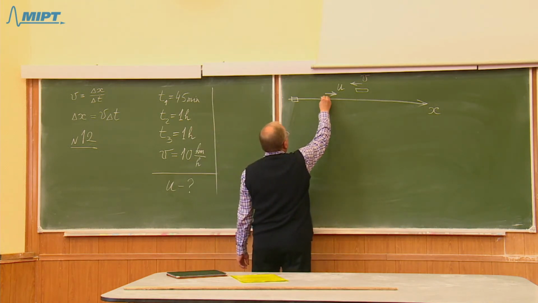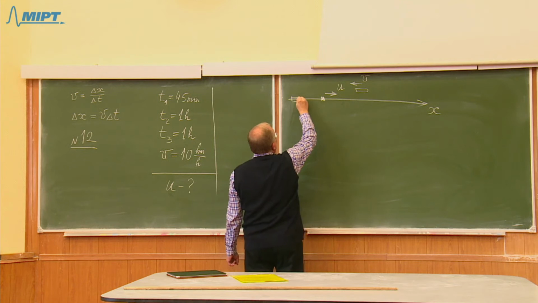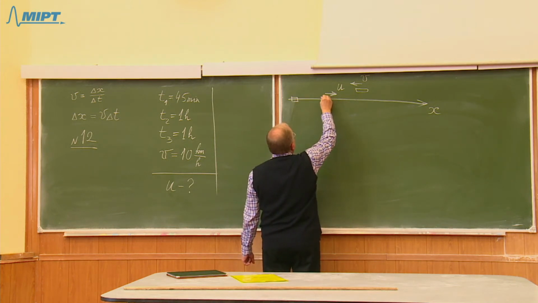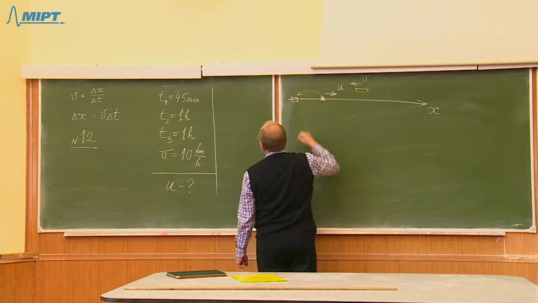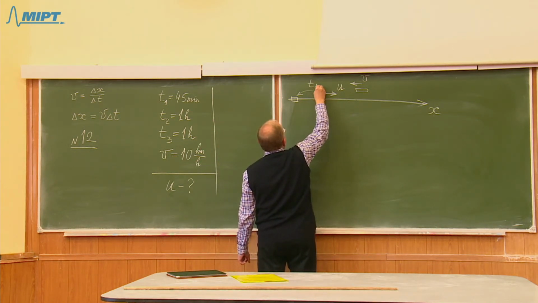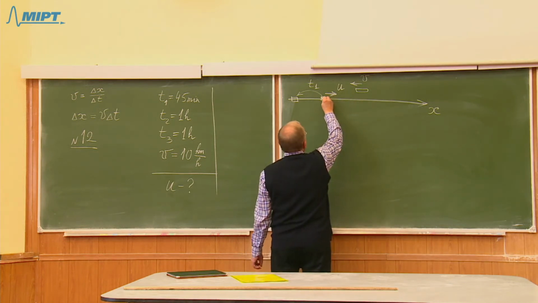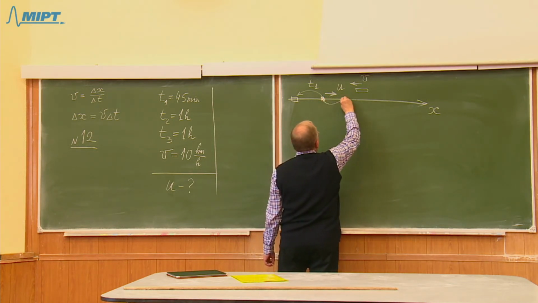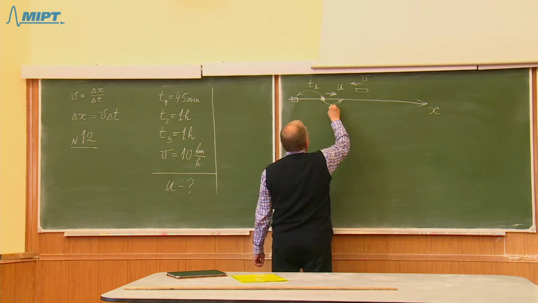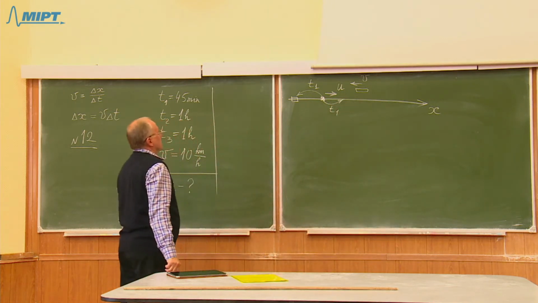After the raft and motorboat met at this point, the motorboat went up the stream and it took the motorboat 45 minutes, that is time interval t1. During this time interval, the raft went downstream to some unknown point.